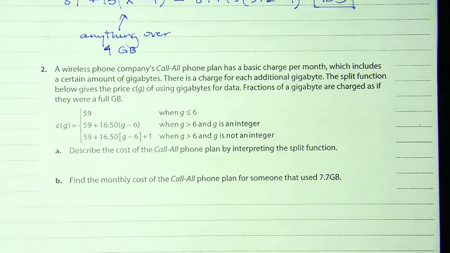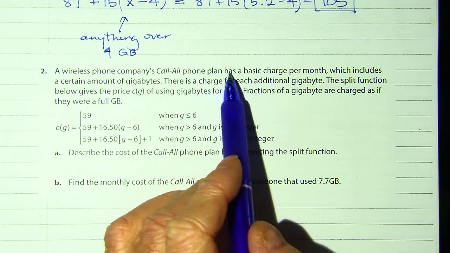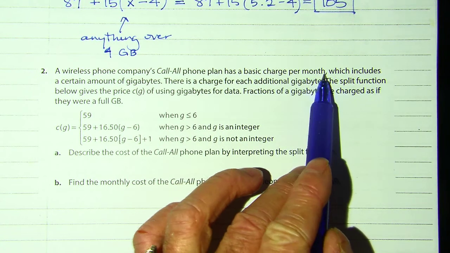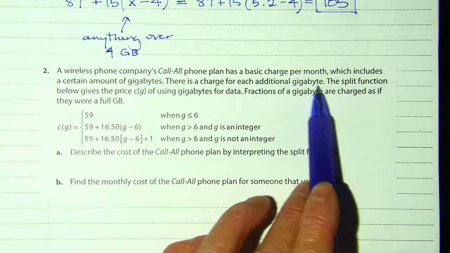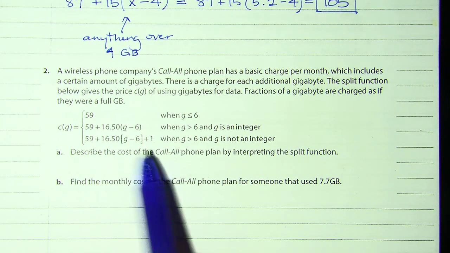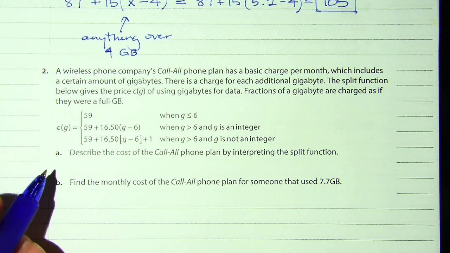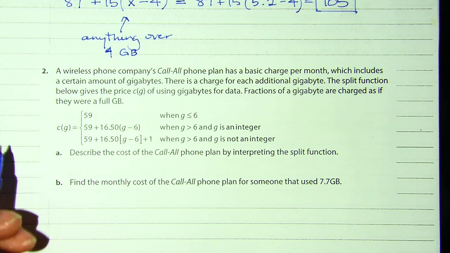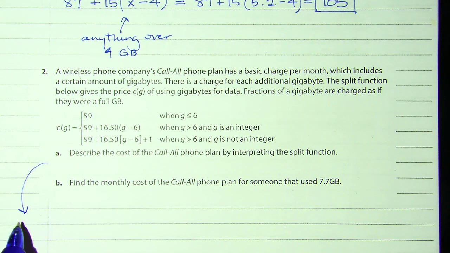So a wireless phone company, Call All plan has a basic charge per month, which includes a certain amount of gigabytes, and there is a charge for each additional gigabyte. The split function demonstrates that. So they want us to describe this, and this is in your homework. So let's determine there is a basic charge.